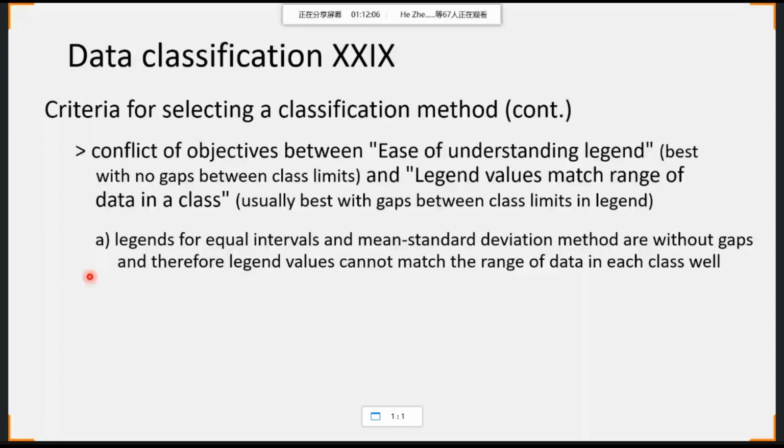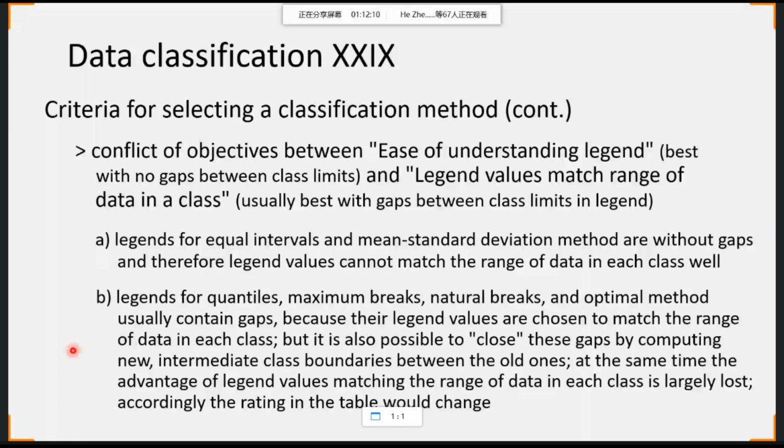Or B, legends for quantiles, maximum breaks, natural breaks, and the optimal method usually contain gaps, because their legend values are chosen to match the range of data in each class.